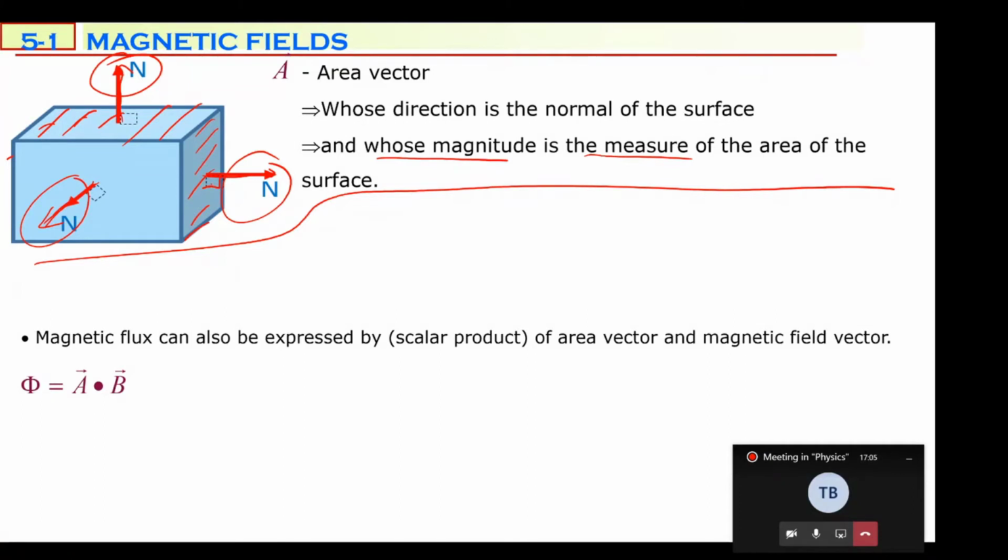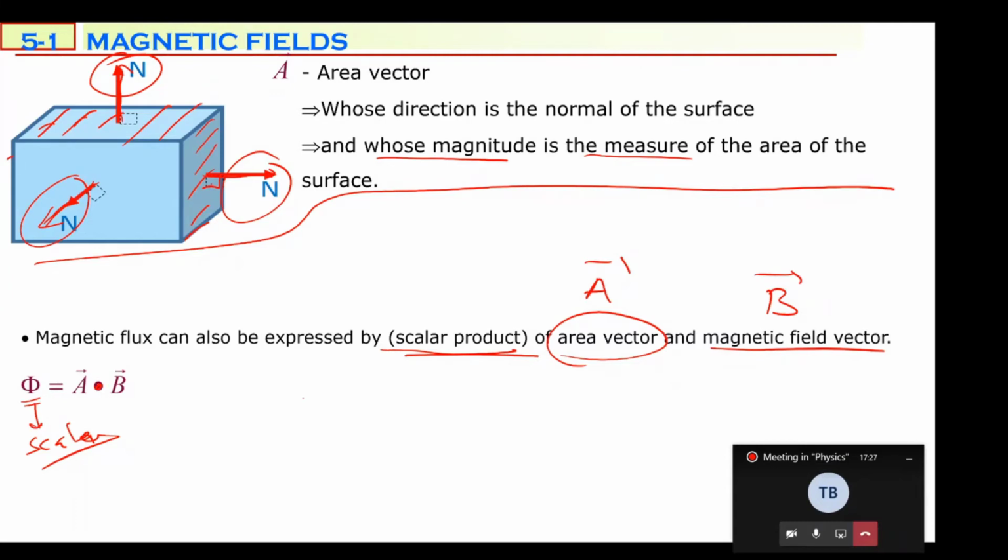And one more thing, in your book it is written that magnetic flux can also be represented by the scalar product of the area vector and the magnetic field vector. So magnetic flux is a scalar quantity. Scalar quantity, because it is the multiplication of these two vectors, but a scalar product.